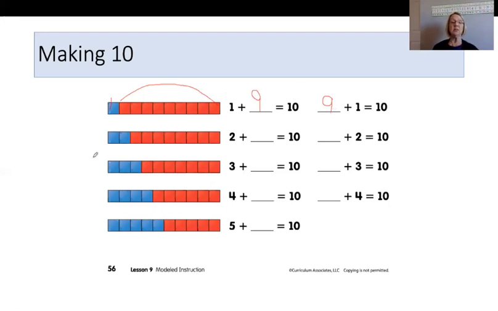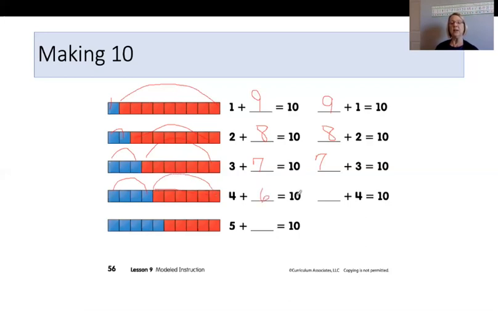So we can continue to do this by saying 2 plus 8 is 10, and 8 plus 2 is 10. We can say 3 plus 7 is 10. We can say 7 plus 3 is 10. We can say 4 plus 6 is 10.